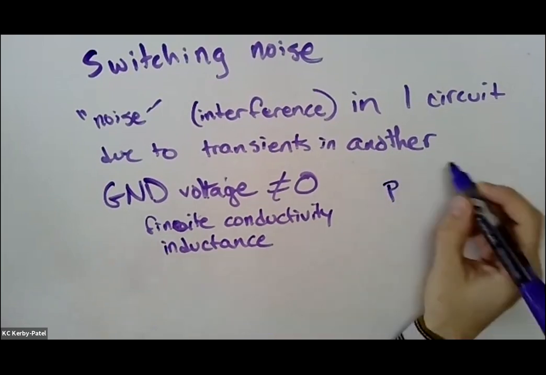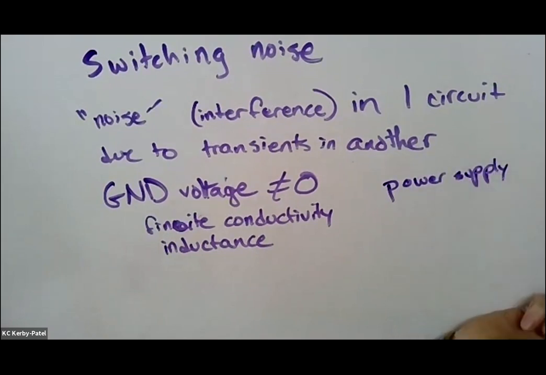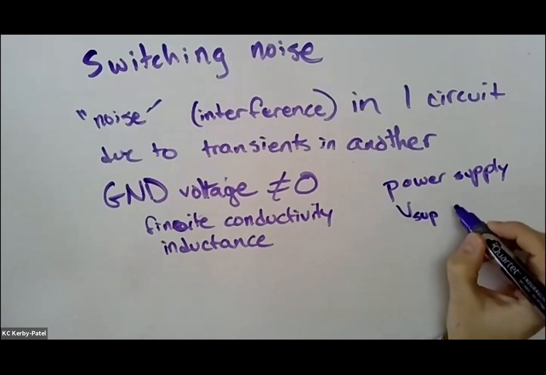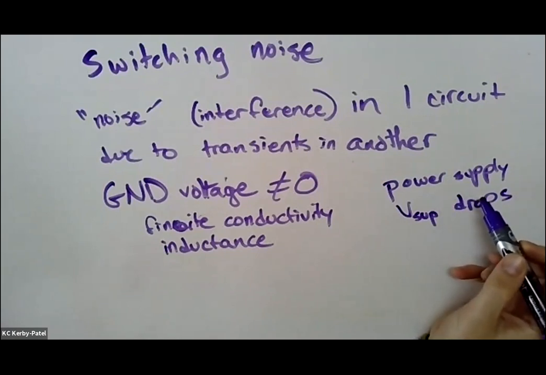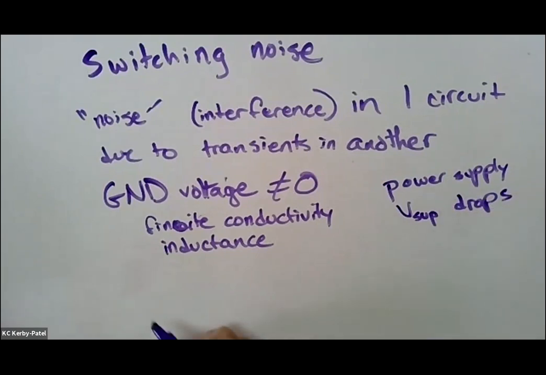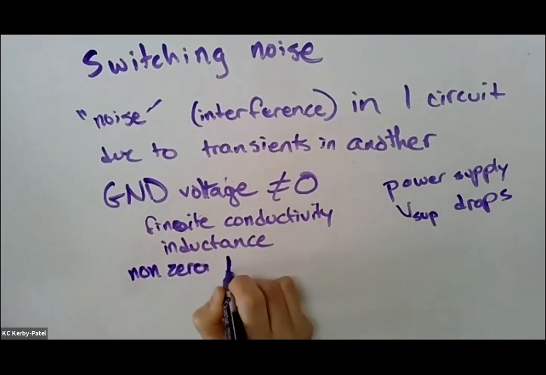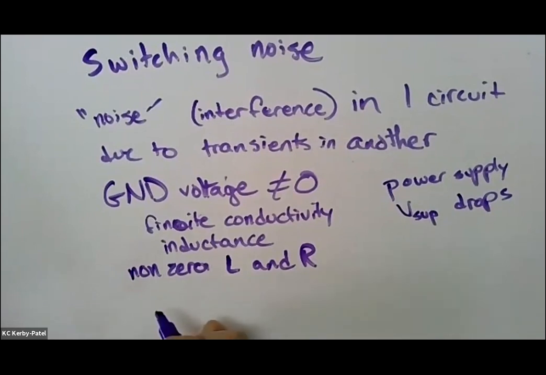Or you could have something draw a lot of current from your power supply, and then maybe your supply voltage drops because it intermittently draws a lot of current from there. So yeah, ground, non-zero L and R, inductance and resistance. And on a ground plane, the location and distance of things matters, and it matters more as frequency increases.